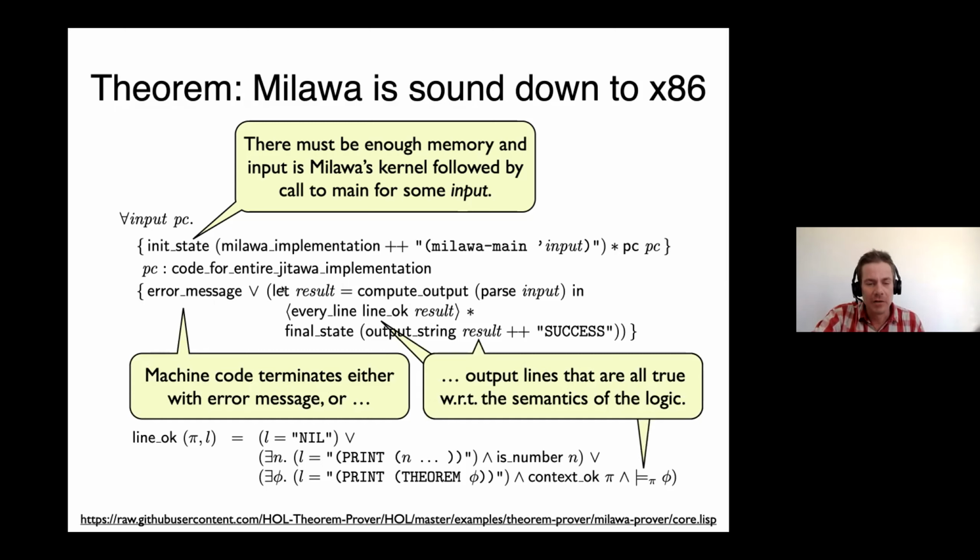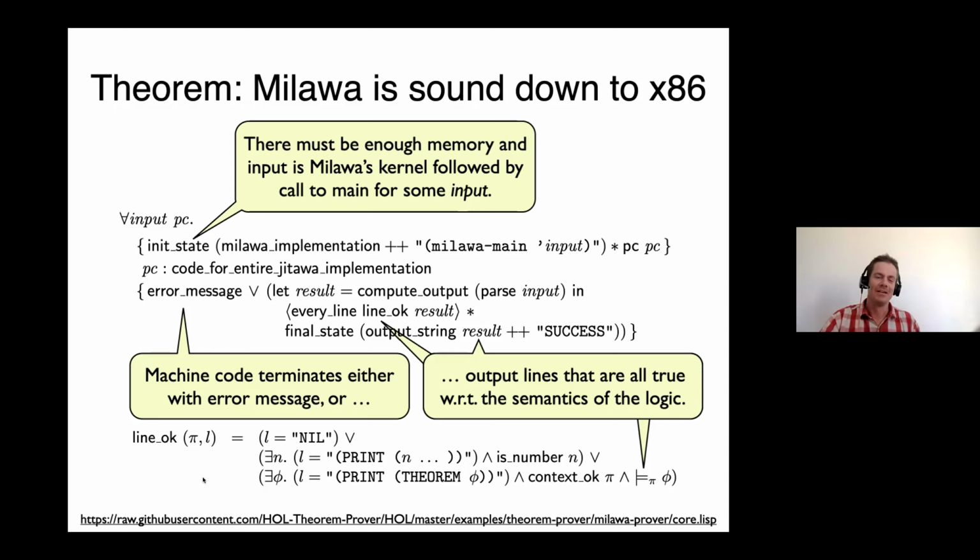So here, in the post condition, we say that we get some output for this input, and for every line, we know that line OK is true, and line OK says if it printed that this is a theorem, then that theorem must be true with respect to the semantics of the logic for this context pi.